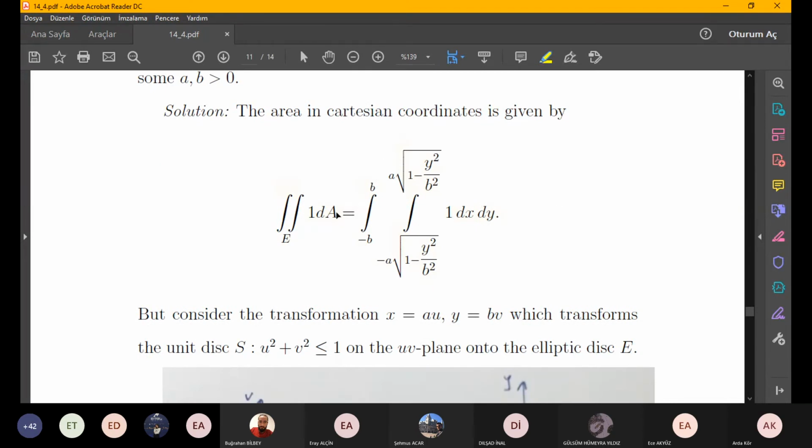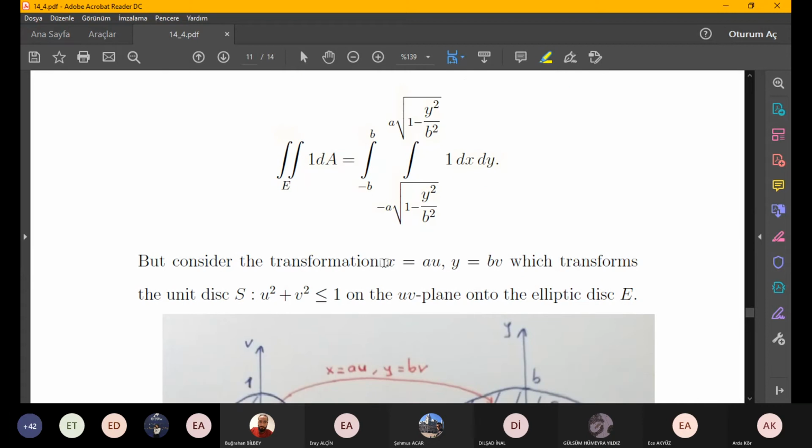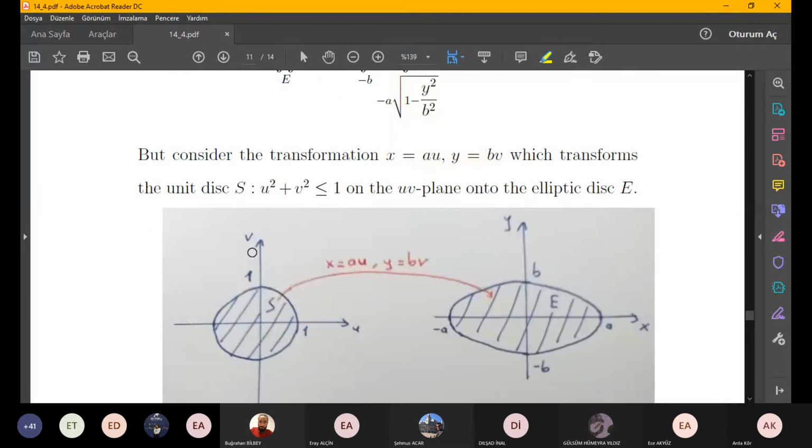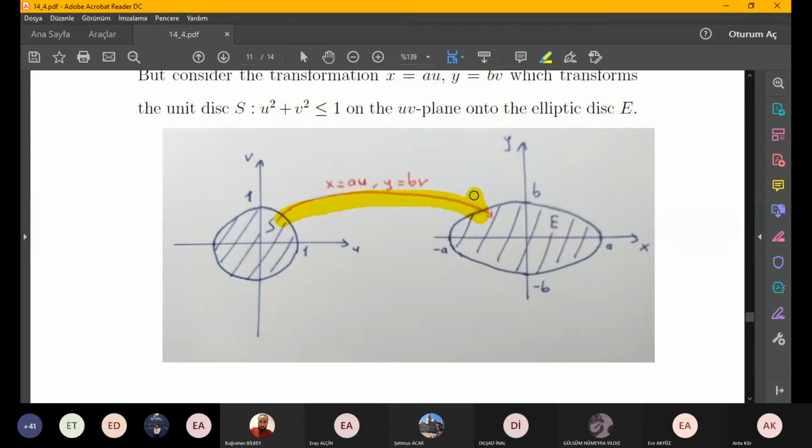So we use the transformation where we let x equal a times u, and y equal b times v, and we transform the unit disk u squared plus v squared smaller or equal to 1 on the uv plane onto the elliptic disk E. So by using that transformation, we can transform S onto E.